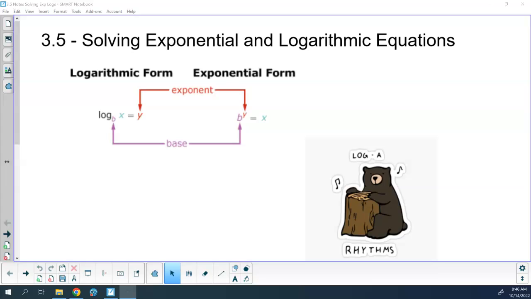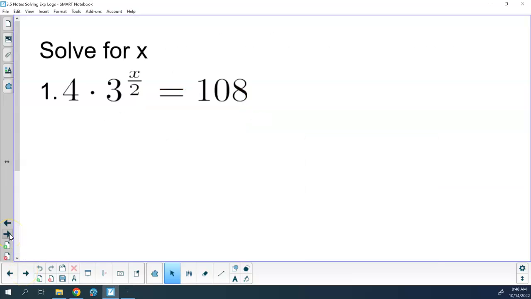So if you don't have that memorized yet, or don't have it written down, please take the time now to write it down and then get to know it. Okay. So, how do I want this?